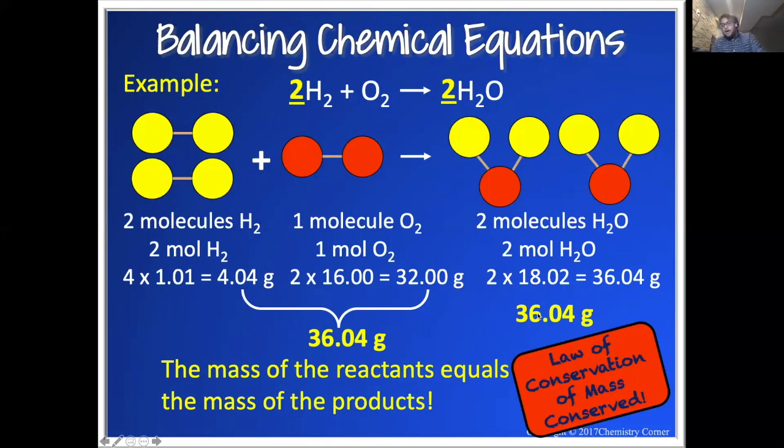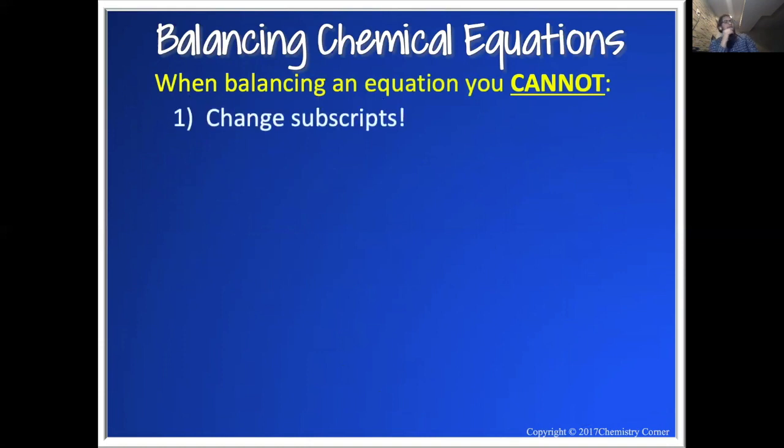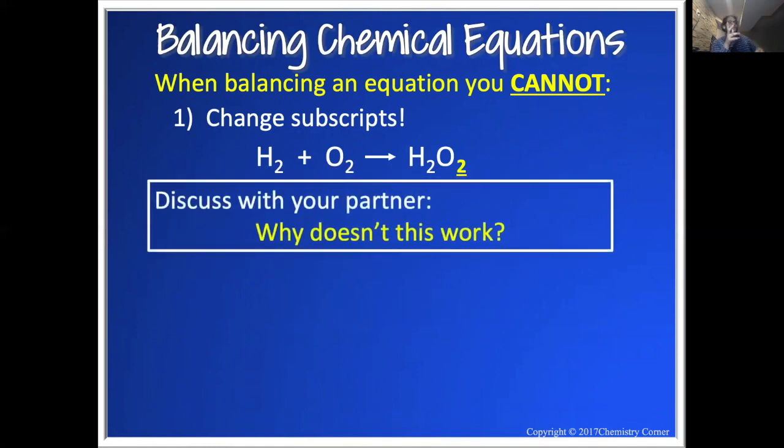Okay, so now we are on the back of our note catcher, and we want to take a look at some things that you can't do. Here are some no's. Never do these. You can't change those subscripts. Please don't drive me crazy and try to change subscripts in your chemical equations. Realize that H2, those two hydrogens in nature, exist together.